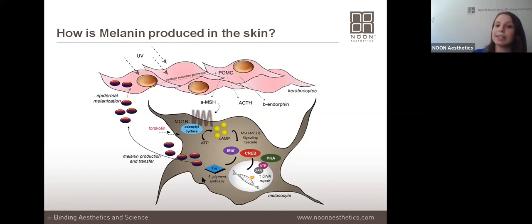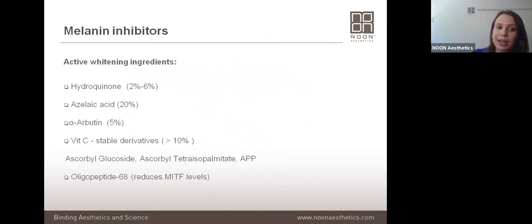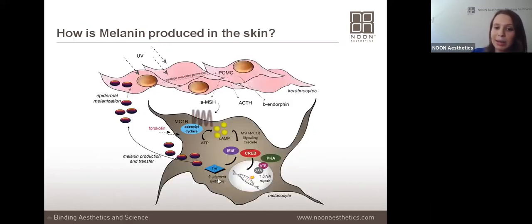This is the synthesis of tyrosine. So these three up here, the azelaic acid, the alpha-arbutin, and the vitamin C are all inhibited by inhibiting this point, this stage of the process.